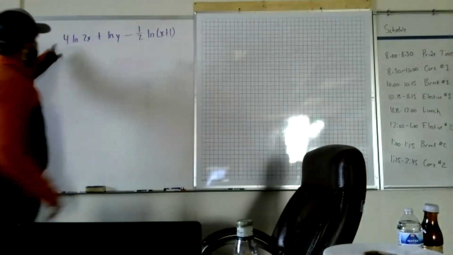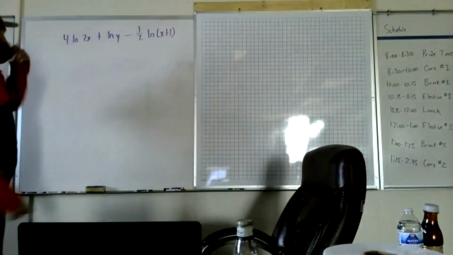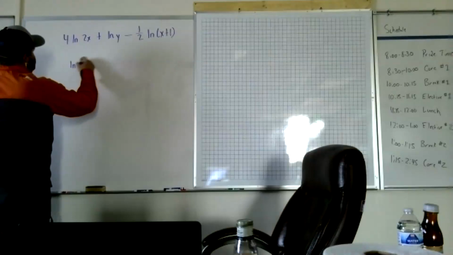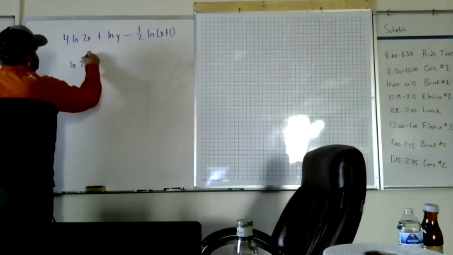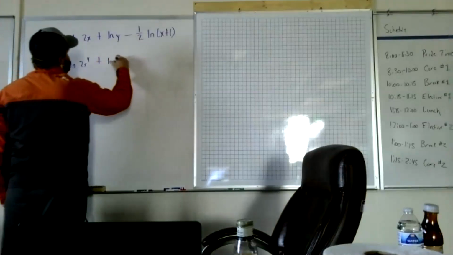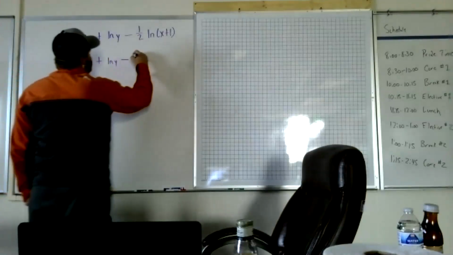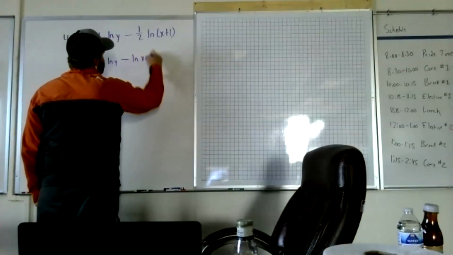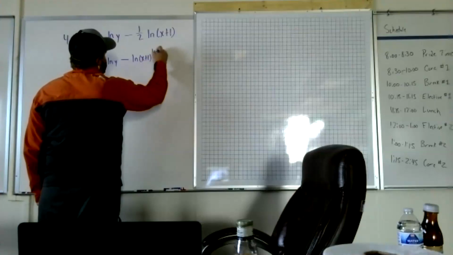First thing I'm going to do is bring my exponents back in using the power property. So this is the natural log of 2x to the 4th power, plus natural log of y, minus the natural log of x plus 1 to the 1/2 power.